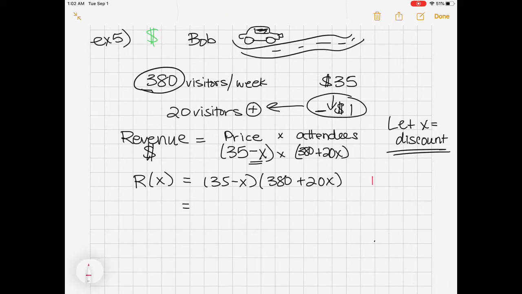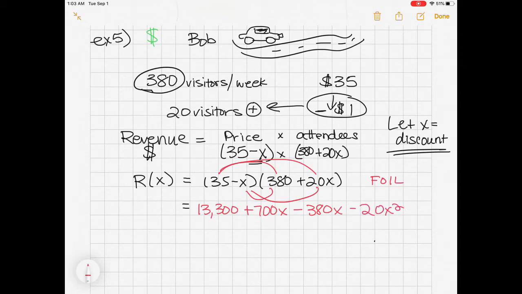We're going to use our faithful friend FOIL to multiply binomials. 35 times 380 gives me 13,300. Outer gives me a positive 700x. Inner gives me a minus 380x. And the last term is a negative 20x squared.